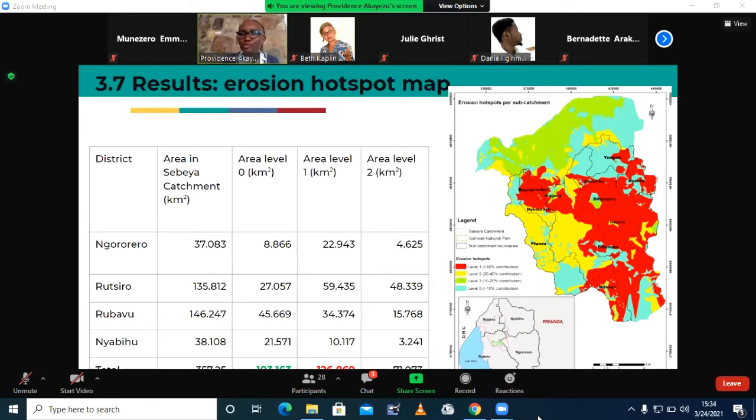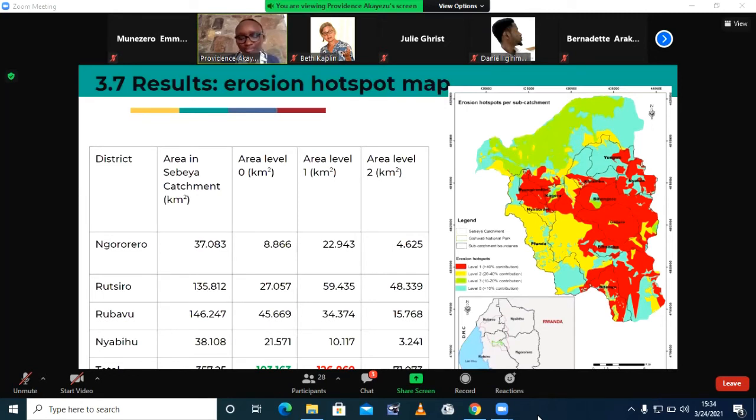And as you can see, you see different colors: red, yellow, green. Of course, green is a friendly thing, but the red is a problem. Looking at the legend of the map, you will see that we've called different hotspot levels.